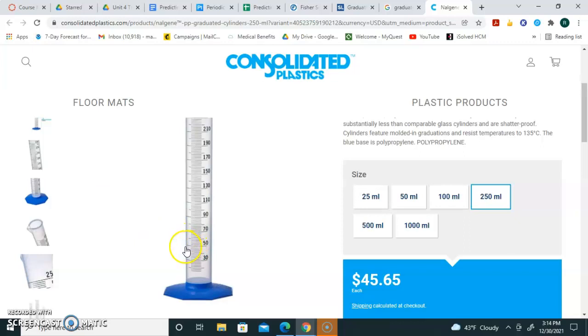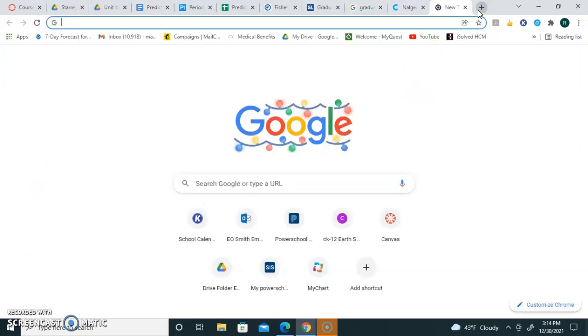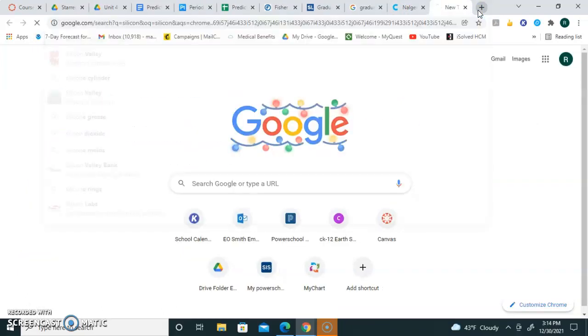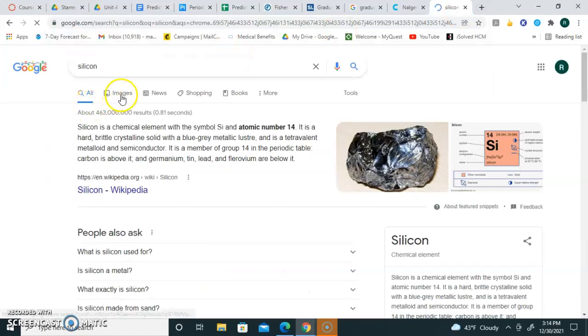So basically in class, let's talk about that first sample that we had of silicon. We filled the graduated cylinder up to 50 with water. Then we took our sample of silicon, which really looked like a little rock. Let me show you what that looked like. It looked like this, like a tiny little rock, shiny.